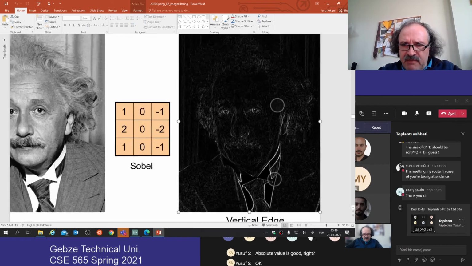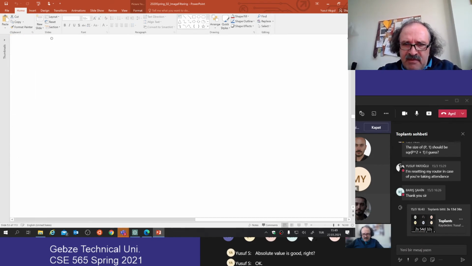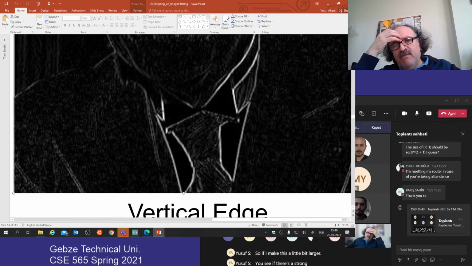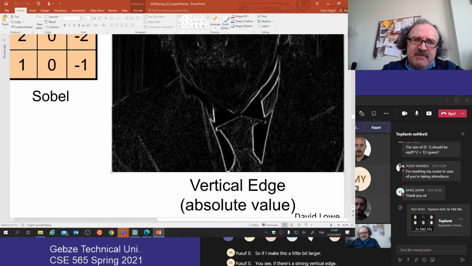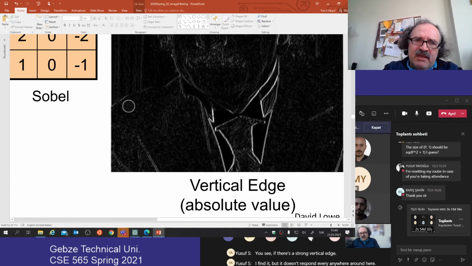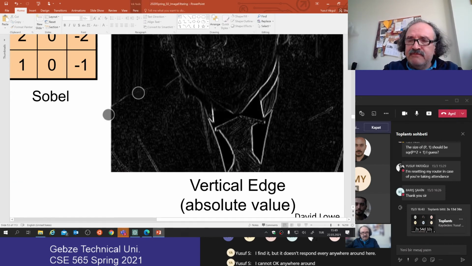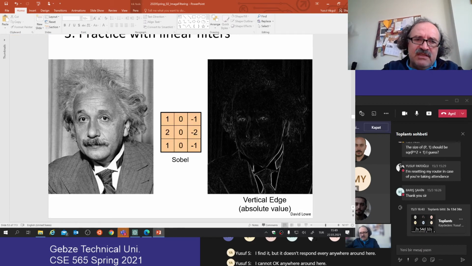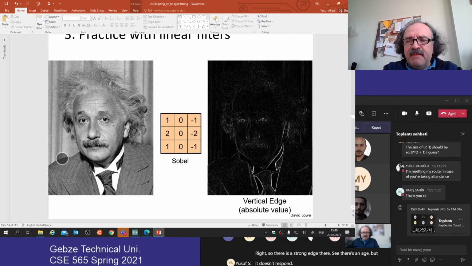So if I make this a little bit larger, you see if there is a strong vertical edge, I find it, but it doesn't respond anywhere around here. There is an edge, but it doesn't respond. Why? Because this edge is a horizontal edge.